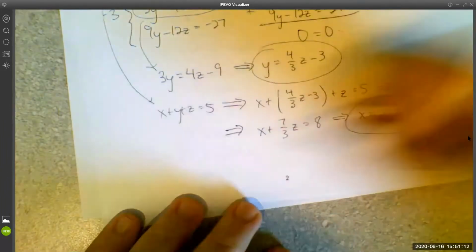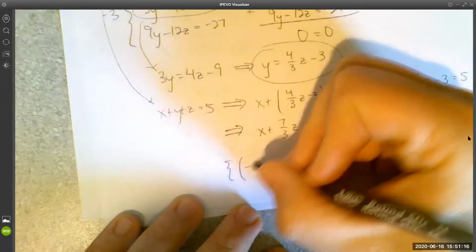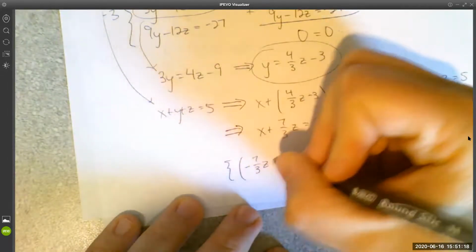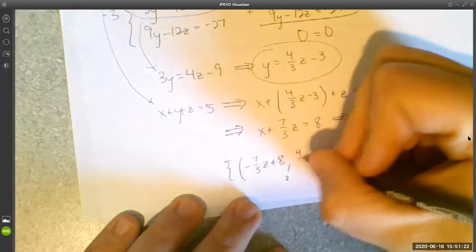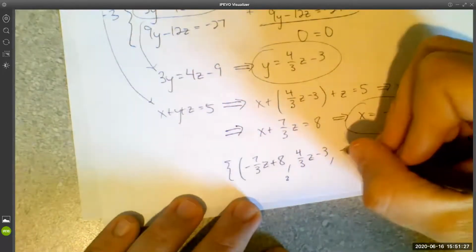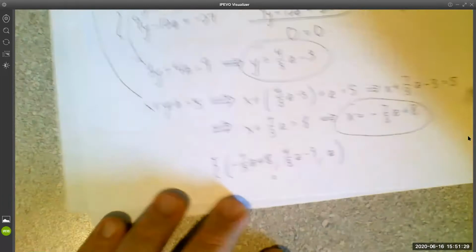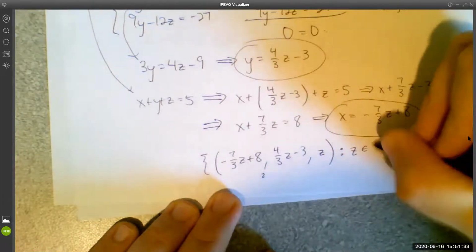So putting it all together then, my solution set is going to look like this. It's going to be numbers of the form negative 7/3 z plus 8, right? That's x. 4/3 z minus 3. Okay, that's y. And then z is playing itself, right? Where z is allowed to be any real number.